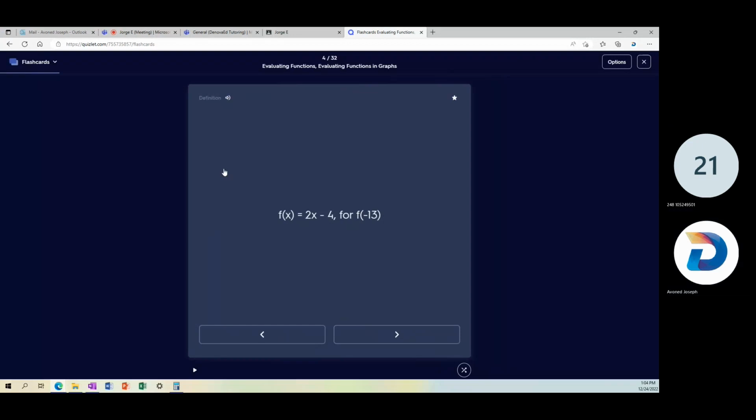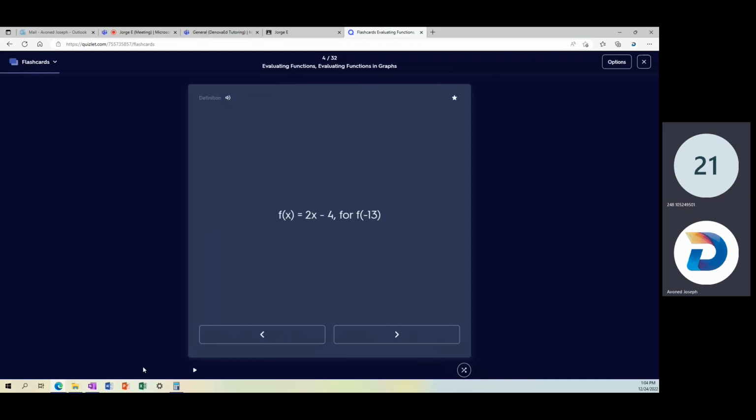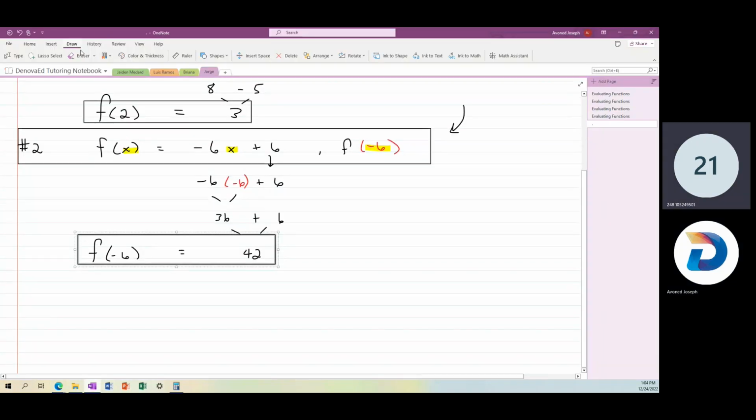Okay, I got it. All right, so we have f of x is equal to 2x minus 4 and f of -13. Let's see if we can solve this problem.